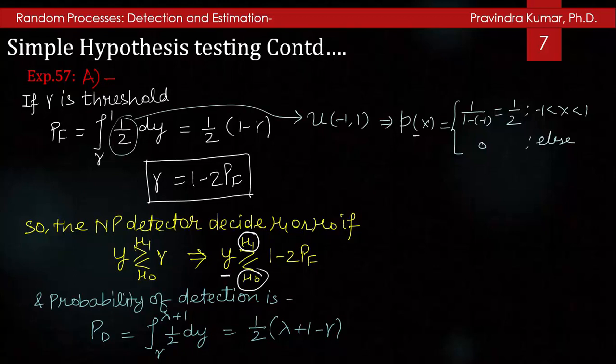And the probability of detection PD is the integral from gamma to lambda plus 1, because the region R1 is from gamma to lambda plus 1, of 1/2 dy. So it will be 1/2 (lambda plus 1 minus gamma), or you can write it as PF plus lambda by 2.